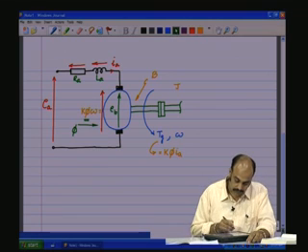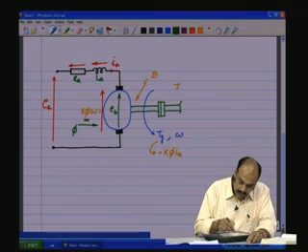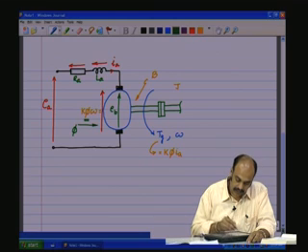Now on the mechanical side there is a generated torque Tg.